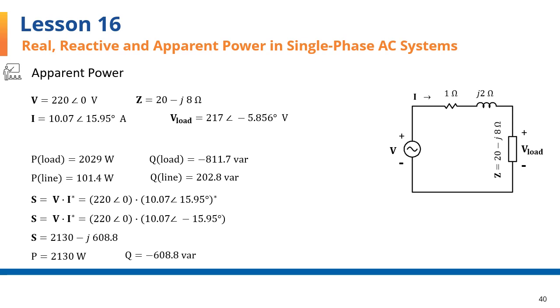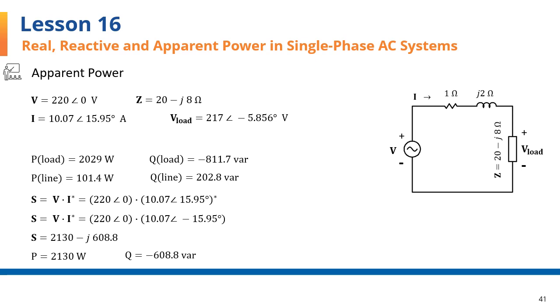Separating those, the real part, P equals 2130 watts and Q is negative 608.8 vars. Since the active power of the source is positive, it means that the source is providing 2130 watts of power to the circuit. And since the reactive power of the source is negative, it means that the source is absorbing 608.8 vars from the circuit.